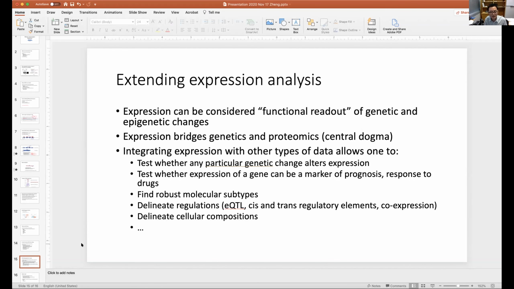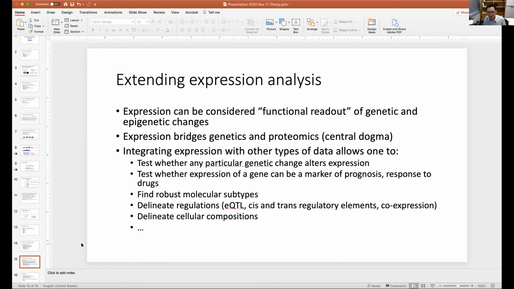Now you can consider expression as the functional readout of genetic and epigenetic change. Now I think you can argue that if you can analyze this functional readout of these genetic and epigenetic events, why not just go after these genetic and epigenetic events directly? So that's the approach taken by, for instance, TCGA, because they rely heavily on DNA sequencing and copy number change.